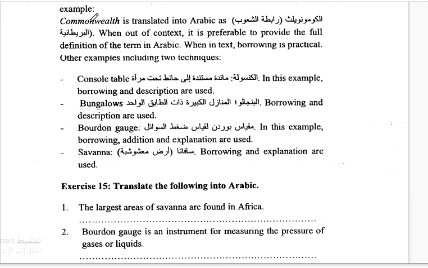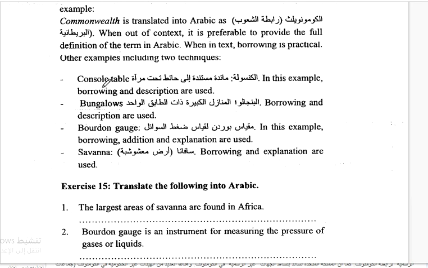So هي رابطة الشعوب البريطانية، هي رابطة تتكون من مجموعة دول، وهو اتحاد يتكون من 52 دولة جميعها من اتحاد الولايات البريطانية سابقا.